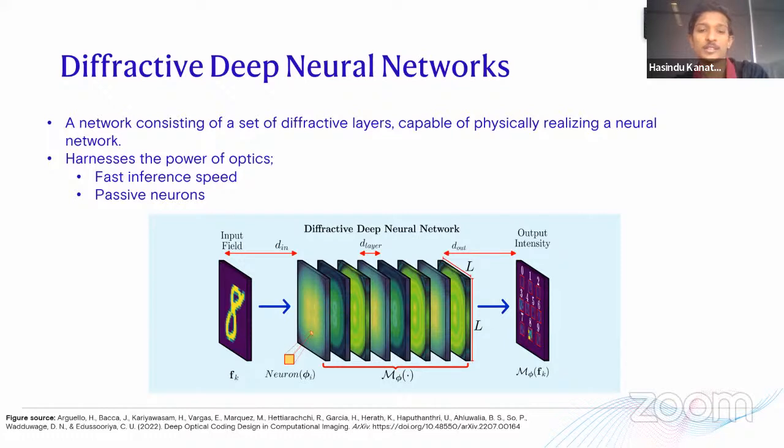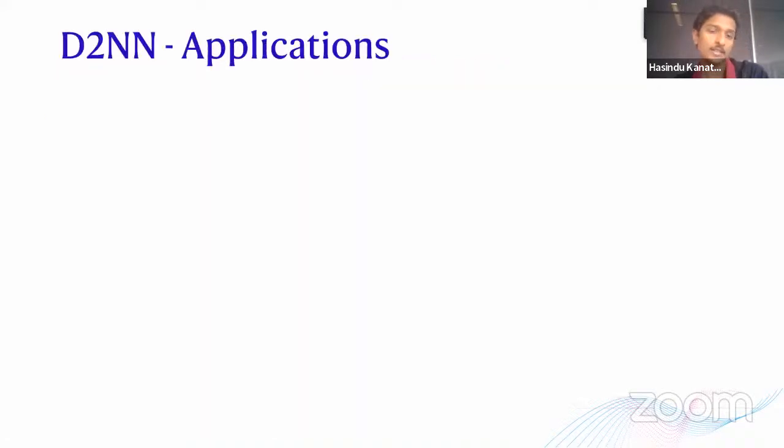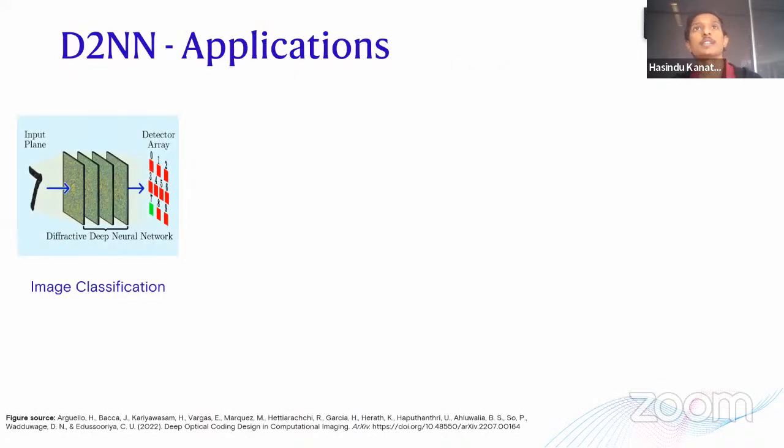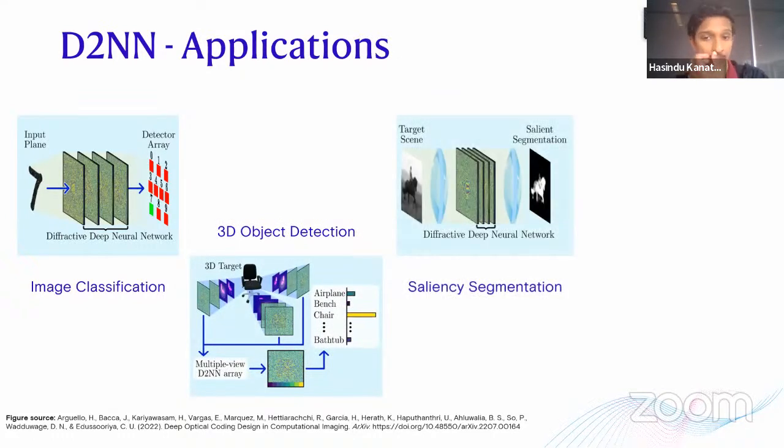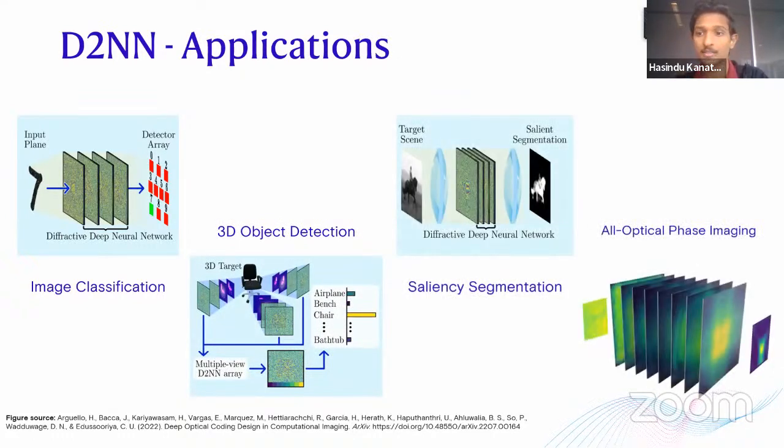Also, these networks operate with passive elements, so we do not require additional energy to do the computations. There are many applications of D2NNs. Recently they've been used for image classification, 3D object detection, salient object segmentation, and also all optical phase imaging.